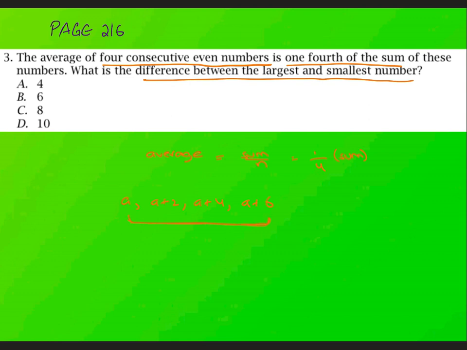Whatever the numbers are, they're consecutive, so they will have 3 jumps of 2 units in between them. Or you can just say a plus 6 minus a, that's also 6. So this is the difference between the largest and smallest even number in 4 consecutive even numbers, regardless of what the numbers actually are. So this is just B.